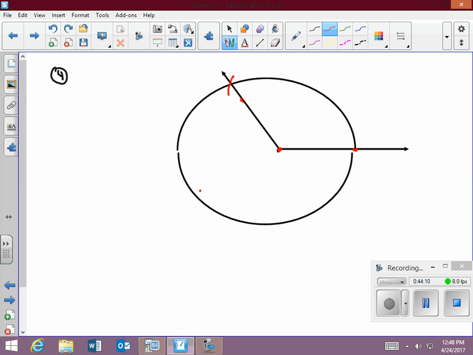So what we're doing is we got a line segment there. Now with that same length on your compass, you put the point here and swing an arc down here.